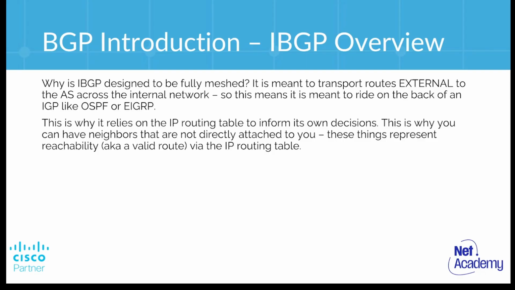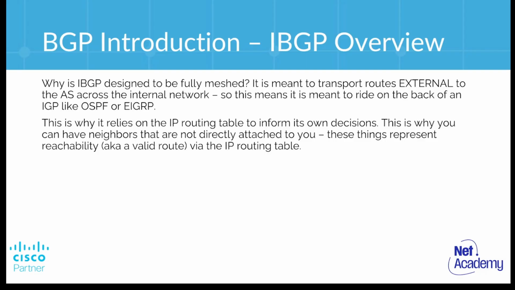And the whole point of IBGP is to take routes from outside via eBGP and transport them across the fabric of my IBGP, and probably, most likely, send them onwards to another ISP. And again, I'm not saying that you always have to run it that way. What I'm saying is that was the intent when the protocol was built. That was what they meant IBGP to be used for. What you use it for can be totally different.